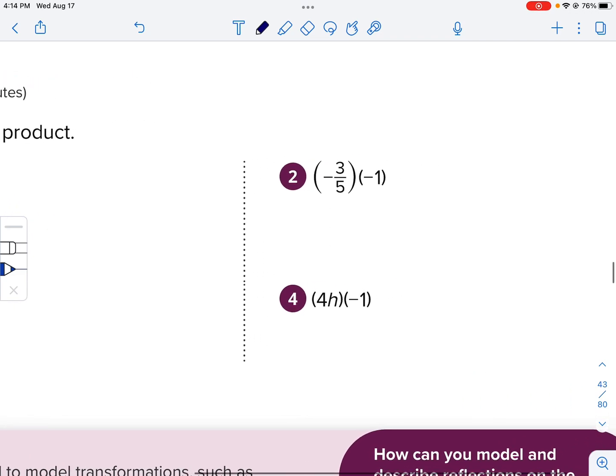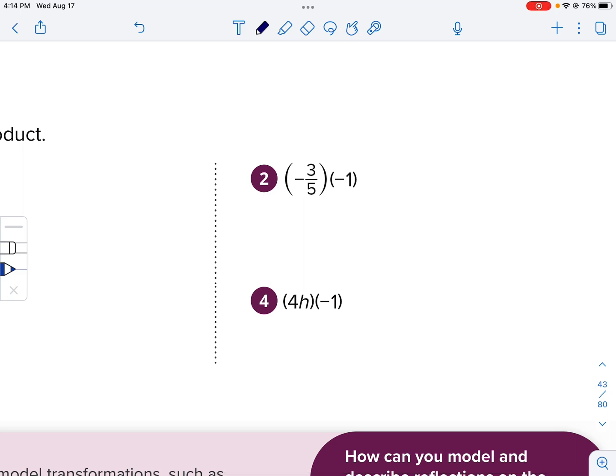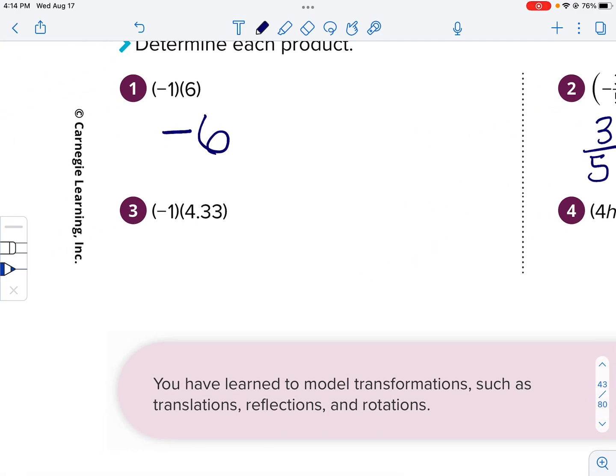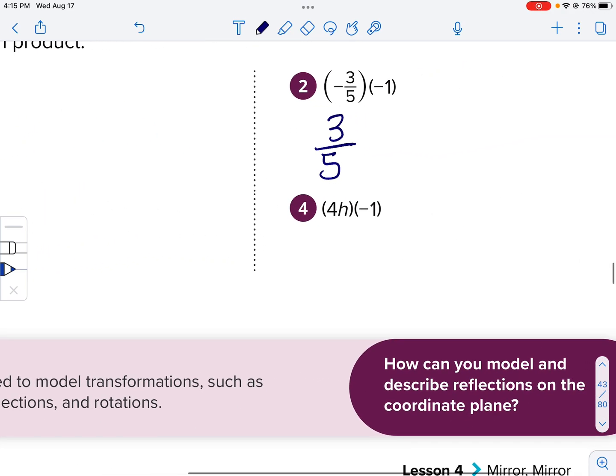Then, number 2, negative times negative is a positive. Anything times 1 is going to be itself. So 3/5. Negative times a positive is a negative, so a negative 3 or 4.33. And last but certainly not least, positive times a negative is a negative, and so we have a negative 4 each.